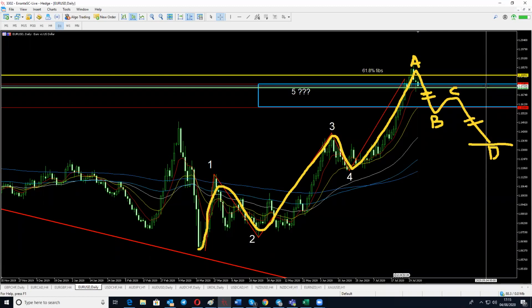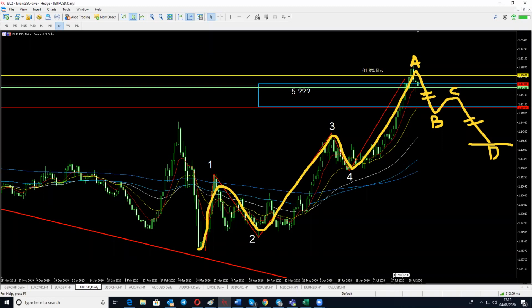It's looking like it's getting more and more bearish as well. So let's look at that. That's what's happening on the daily chart, but we need to reevaluate, look at 4 hour and 1 hour as well, just to get a clearer picture.